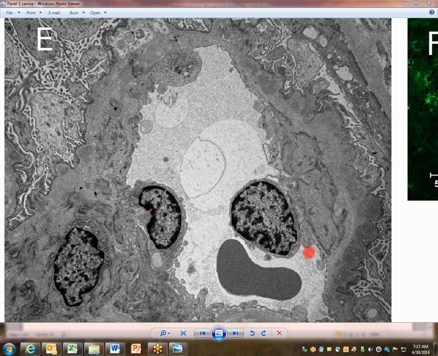So you get the idea that the deposits are being laid down on the outside, and then are being responded to and encompassed by the remodeled GBM. We good there? Yeah.